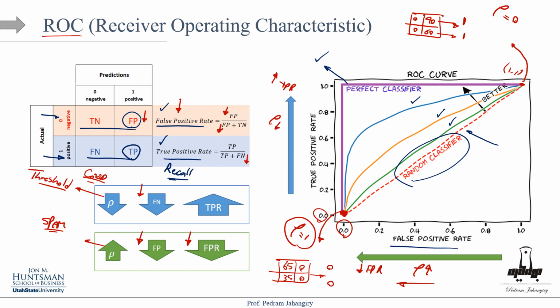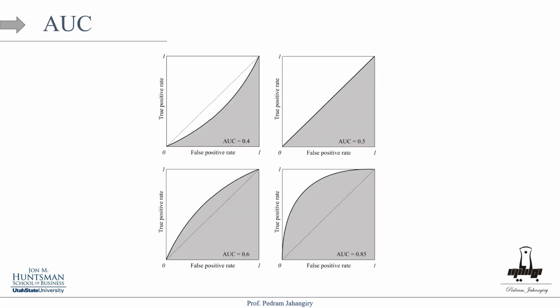Now, instead of judging whether this model or that model is better, especially when these curves are very close to each other, instead of looking at it visually, which we don't have the luxury to do all the time, let's summarize all of this in one number and calculate the area under the curve. So the area under the curve summarizes the ROC in one number, right?